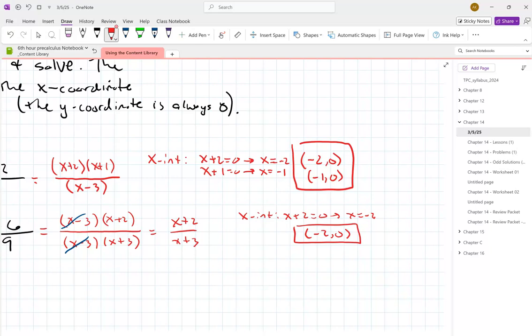Everybody cool? We see that? Only the stuff on top, in this particular section, can become an x-intercept. Correct. It's always numerator and only reduced numerator. So you've got to check to see if you can reduce first. Because if you would have taken the x minus 3 and tried to create an x-intercept out of that, it wouldn't have worked. That's actually where a hole is.